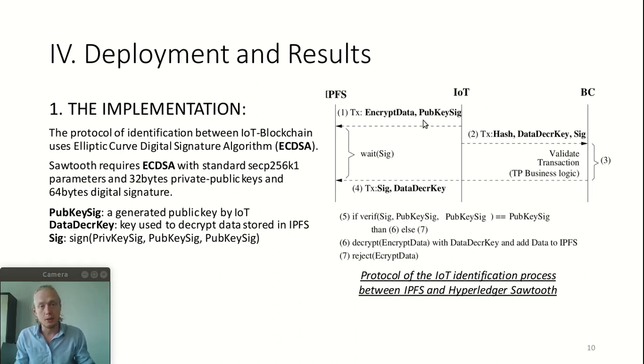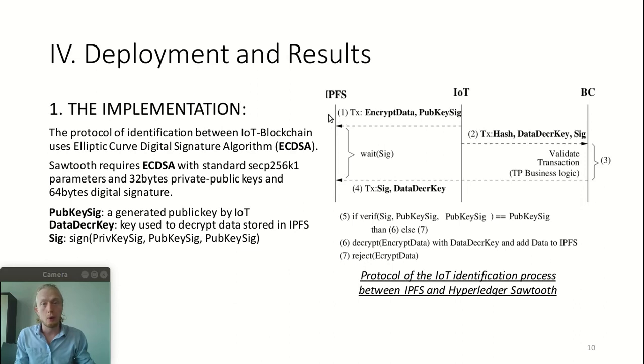The IoT sends encrypted data to IPFS. The data can be encrypted with any kind of encryption, and along with that there is a public key, which will later be used for the verification.